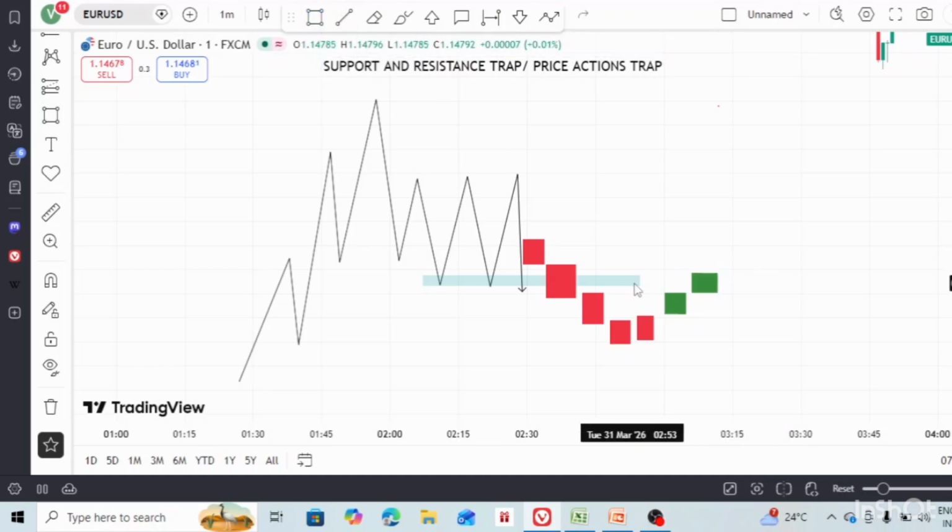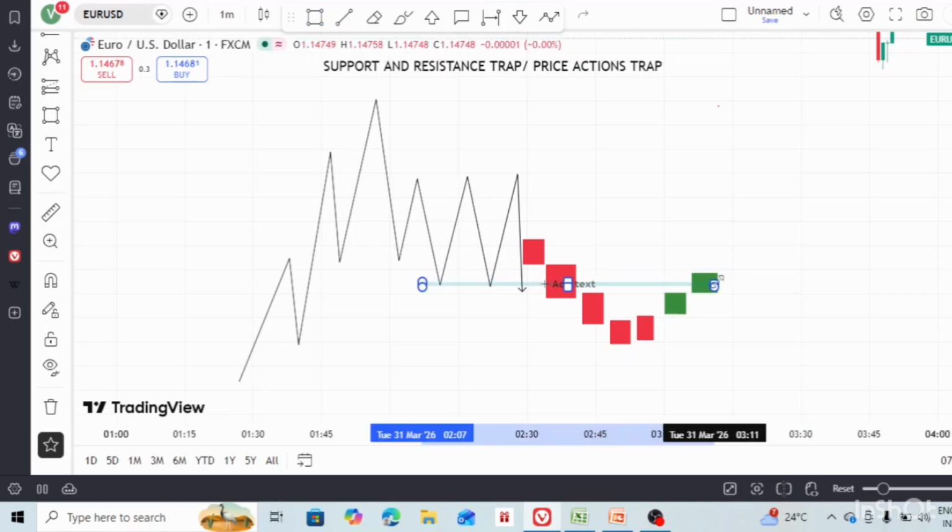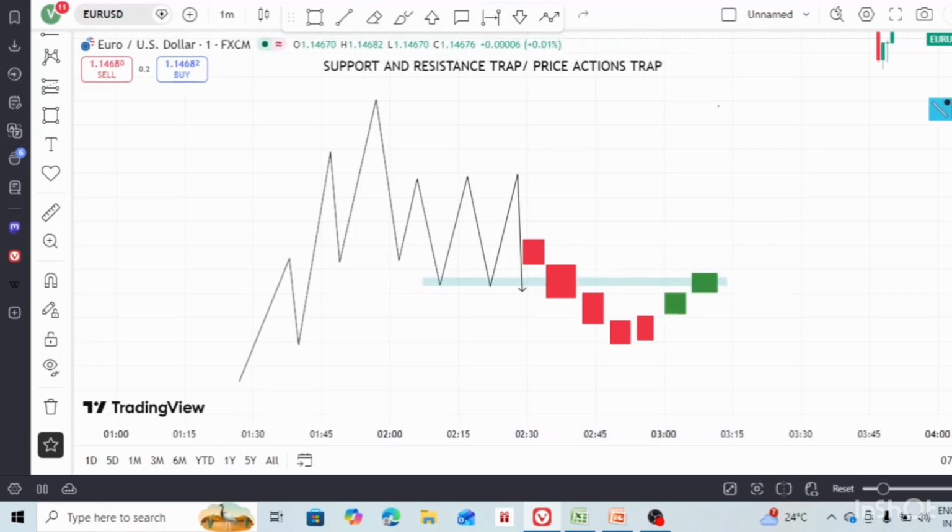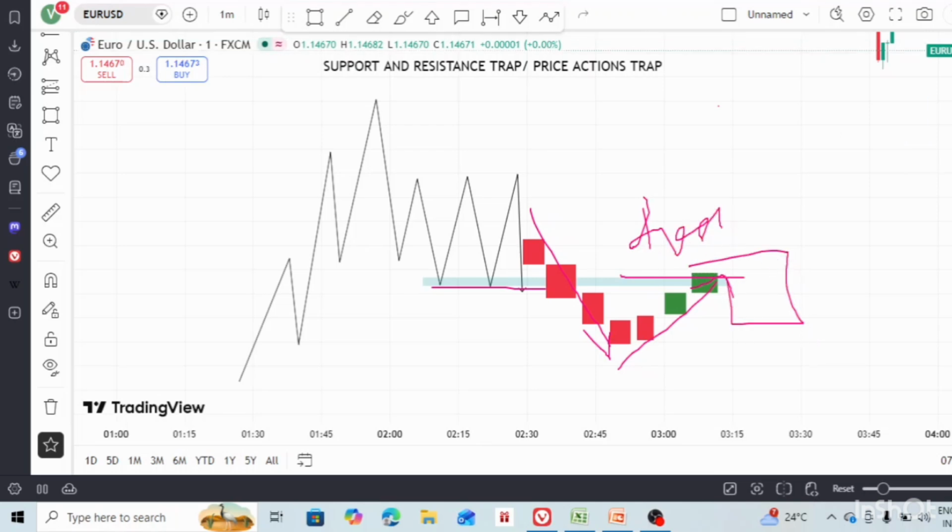What the price action trader thinks is that this support has been broken out. After the breakout, if we come here again, this will act as resistance, right? So what they will do is look for a sell break here.